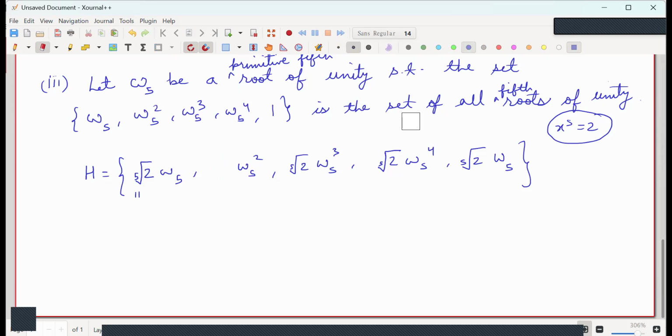In some places, people do write like that, but we are writing it differently, okay? And maybe my notation is not that precise. Just like we write cube root of 2 or cube root of some number, we can write fifth root of 2. It's an irrational number, and this omega 5 is a non-real complex number.